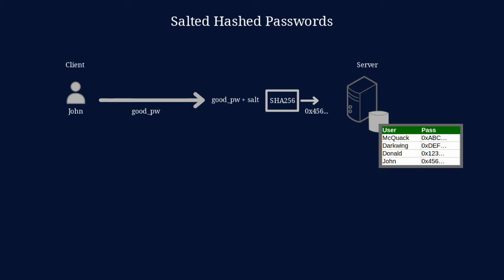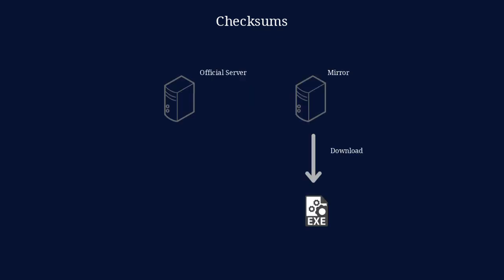Okay, so the next concept I would like to talk about is the idea of a checksum. So let's say that you download a piece of open source free software. You download it, let's say, from a mirror, and you want to make sure that you download the legitimate thing and not something that is laced with malware. You could look at the checksum that will be provided by the official company or organization which publishes the software.